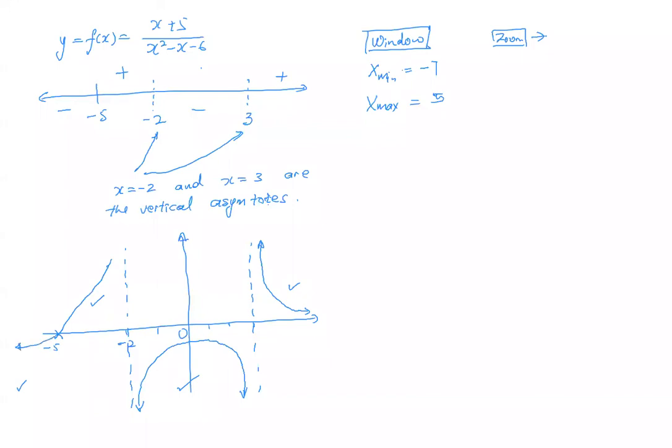Okay. So that's why for rational functions, there are a lot of things to teach you. So please, when you get the domain, you will get the vertical asymptote. So there are two vertical asymptotes, x equal to -2 and x equal to 3 here. Got it?